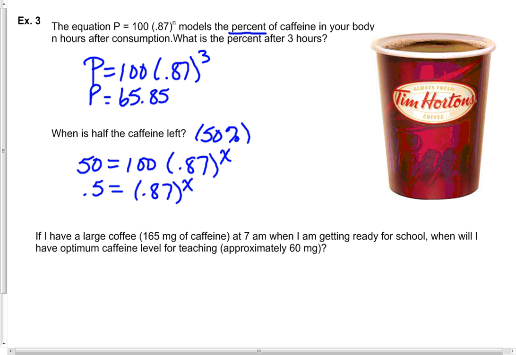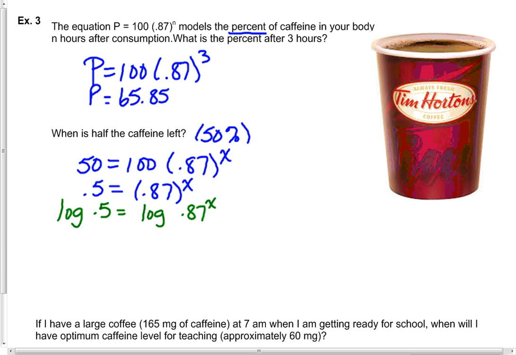I have an exponential equation. I am going to take the log of both sides. Log of 0.5 equals log of 0.87 to the x. I know from my rules of logs on the right side, I can bring the exponent down: x times log of 0.87.